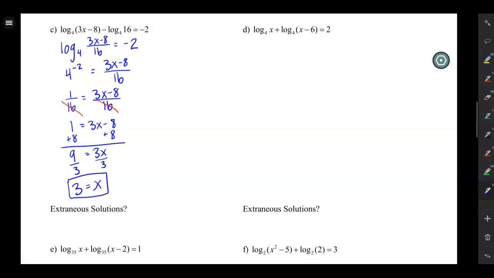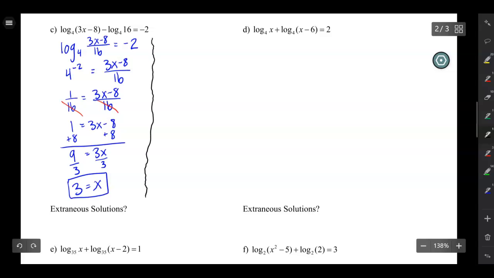So let's go ahead and check to confirm that this is not an extraneous solution. So I'm going to go back to my original problem, log base 4 of 3 times my x value, so 3 times 3 minus 8 minus log base 4 of 16 is equal to negative 2.